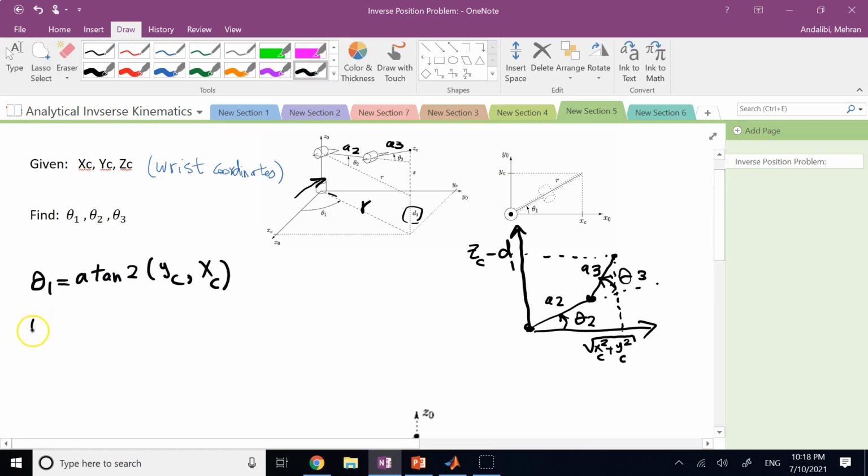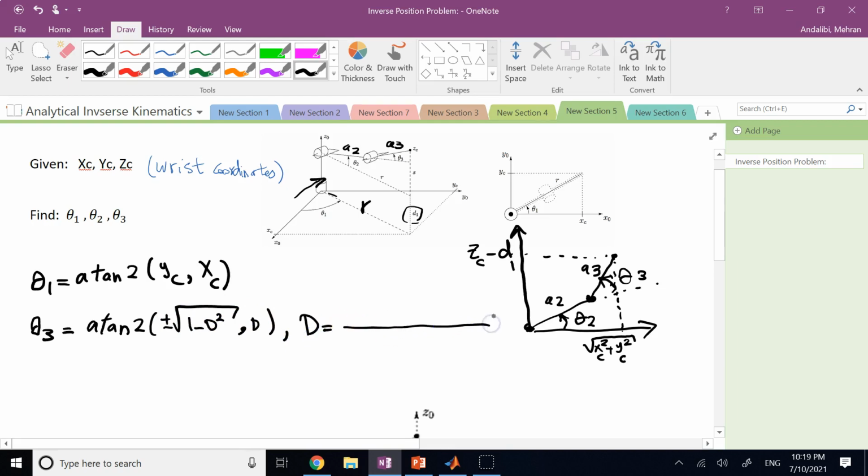You can also show that your theta 3 is equal to arctangent 2 of plus minus square root of 1 minus d squared, and d, where d was the horizontal component squared plus the vertical component squared.